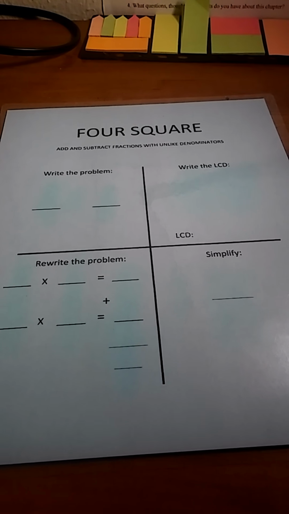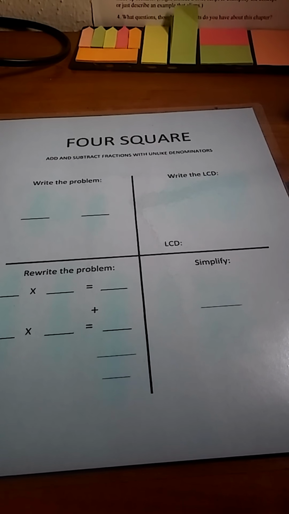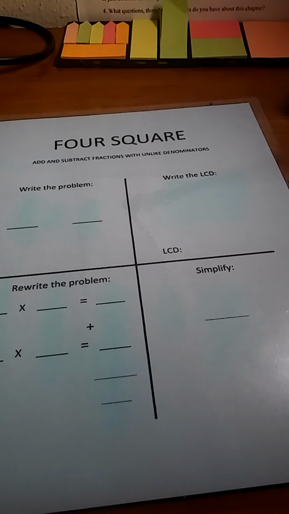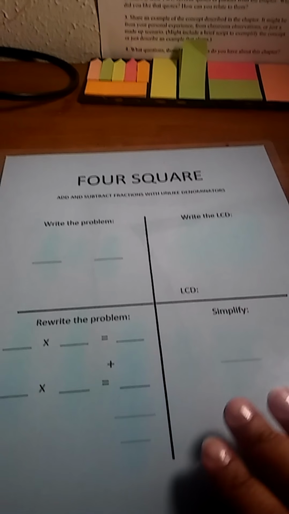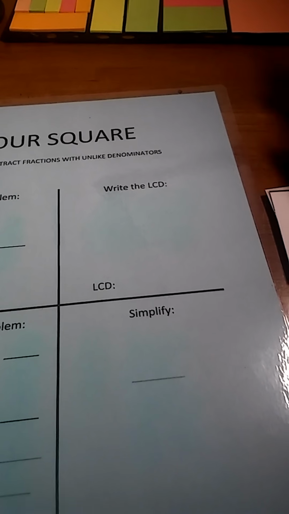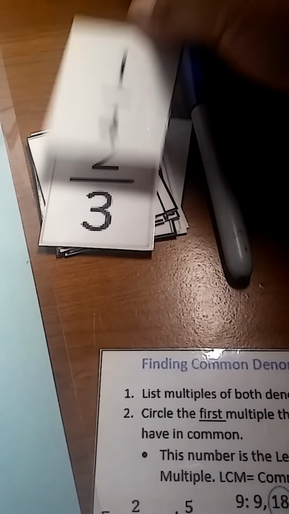For game 2, I chose to do a game on adding and subtracting fractions with unlike or unequal denominators. This game is called Foursquare, and the materials needed for Foursquare are the Foursquare cards and a die to create fractions, or actual fraction cards.